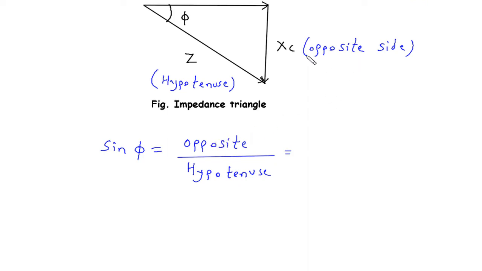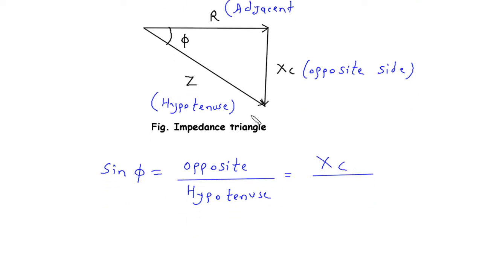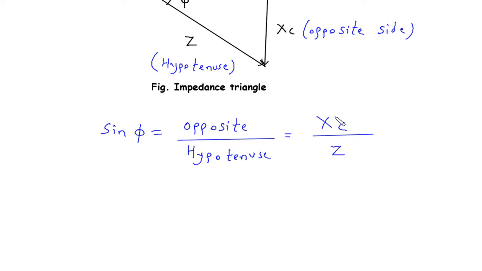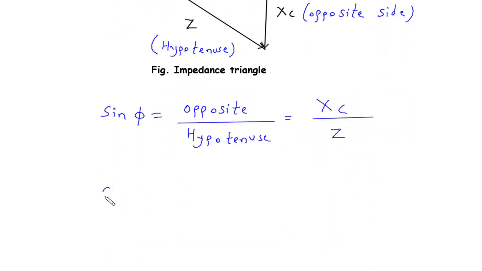So here the opposite side is Xc divided by the hypotenuse Z. We don't have the values of Xc and Z, but we have the value of power factor. So one more formula, cos phi is equal to adjacent upon hypotenuse.